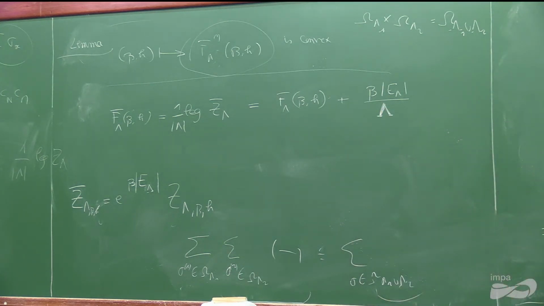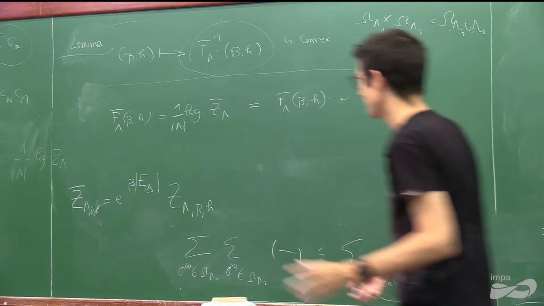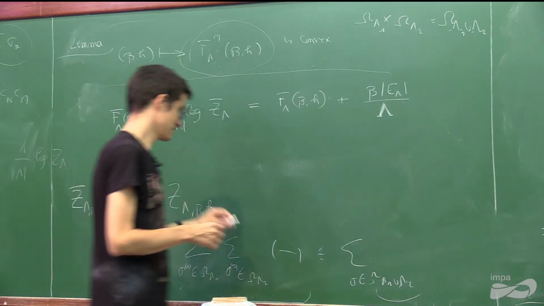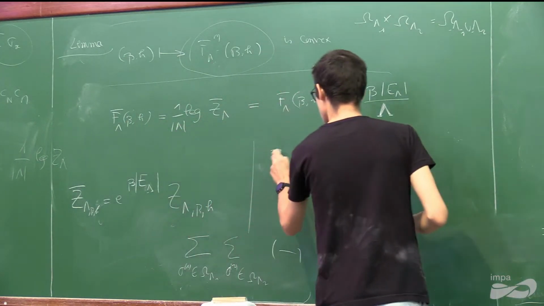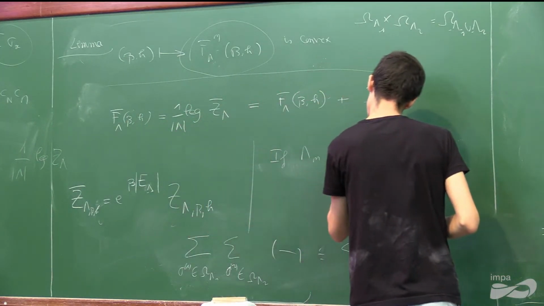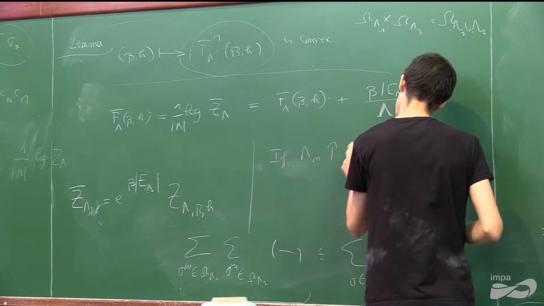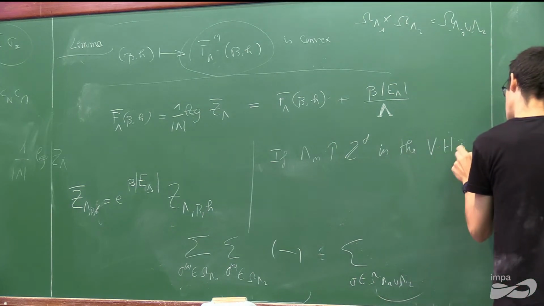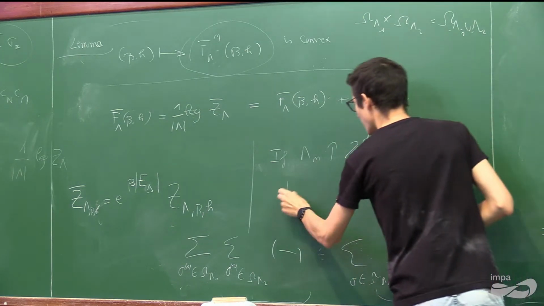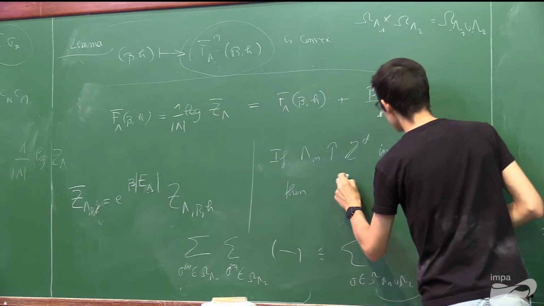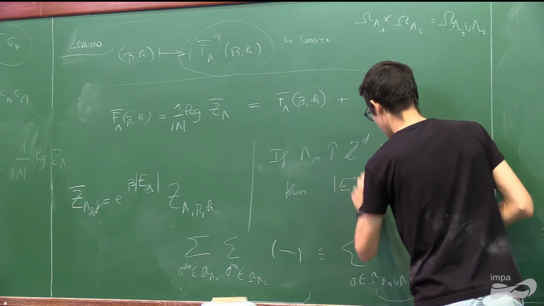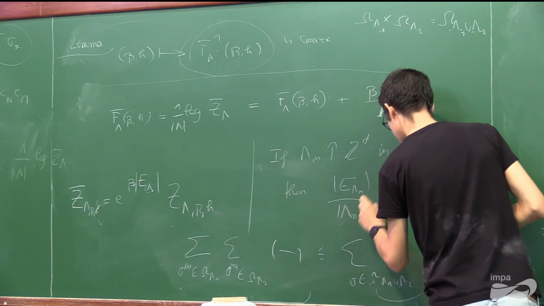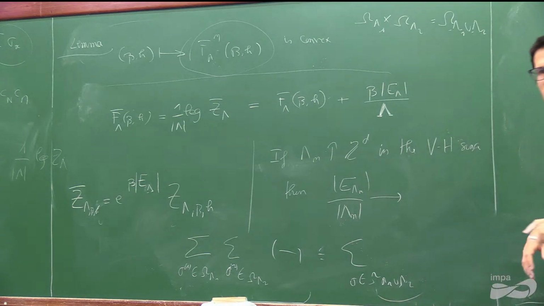Okay, and now what I want to say is that if lambda n converges to Z^d in the Van Hove sense, then E lambda n over lambda n converges to which value?